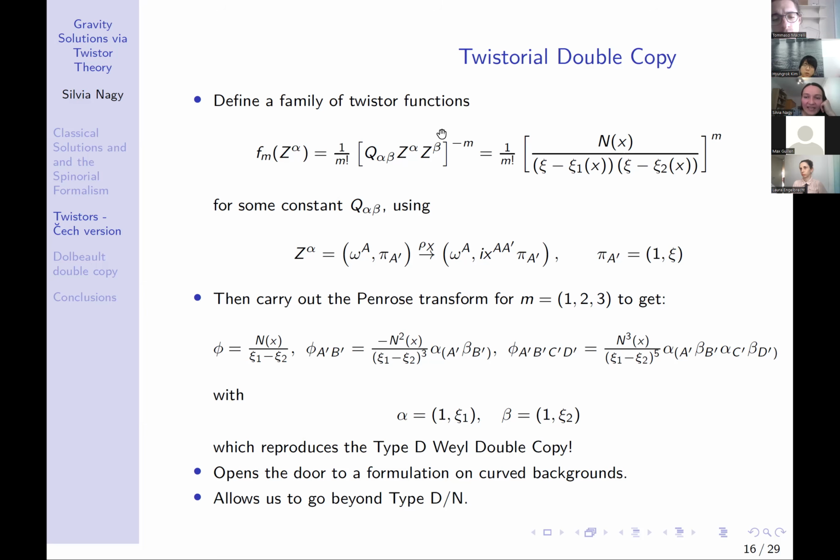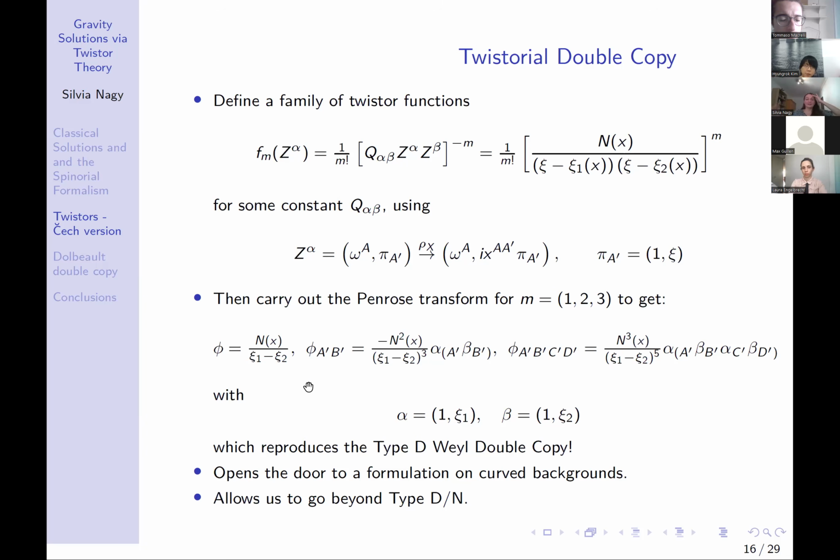So the simplest version is to define this family of Twistor functions in this way, where to get here we've used this relation between omega and pi when we restrict to a particular point in space-time, and here I've used the fact that Twistor space is projective to choose a set of coordinates to describe this object. Then I can carry out the Penrose transform to get these objects in space-time. So you can see explicitly that these guys that we've constructed here reproduce the type D Weyl double copy.